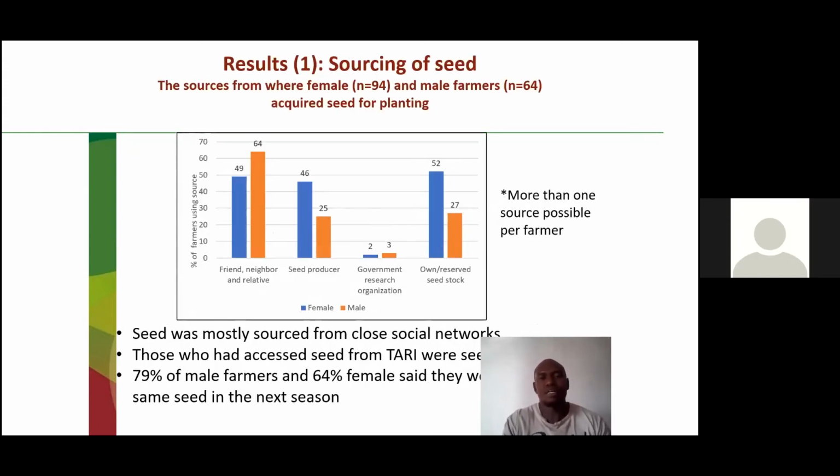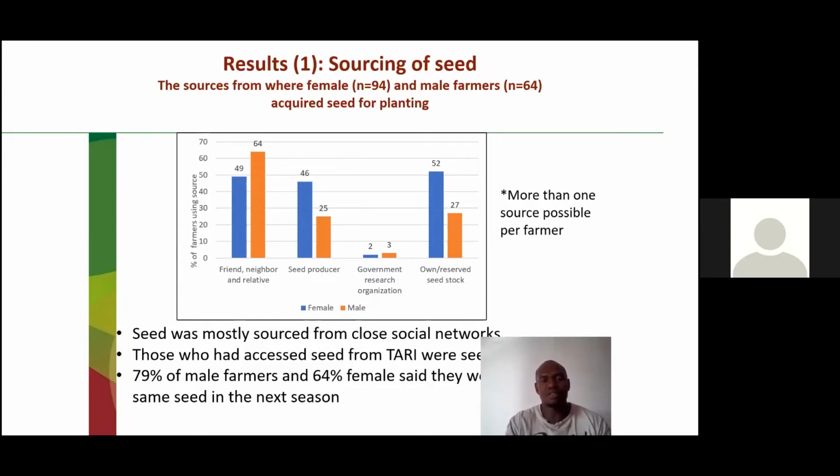Our first result is around sourcing of seed, and here we are looking at where female and male farmers acquired planting materials from. From the responses, we realized that most seed is sourced from close social networks. For both male and female farmers, the main sources were friends, neighbors, and relatives.